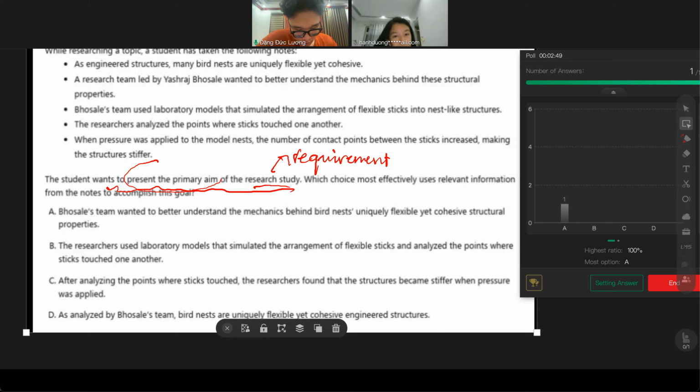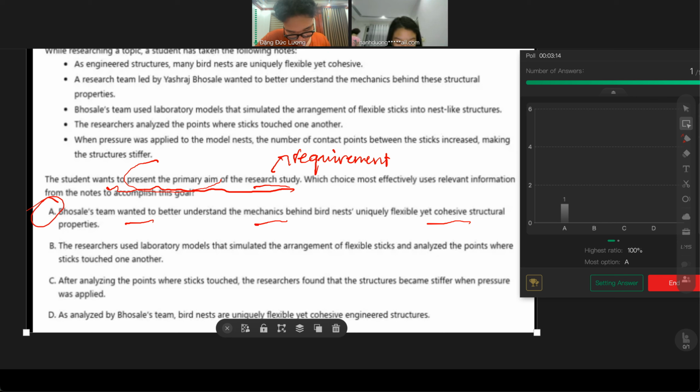For example, this question asks for the primary aim of the research study. So you read through the four choices here. Team wanted to better understand the mechanics behind, yet cohesive. It seems the right answer.